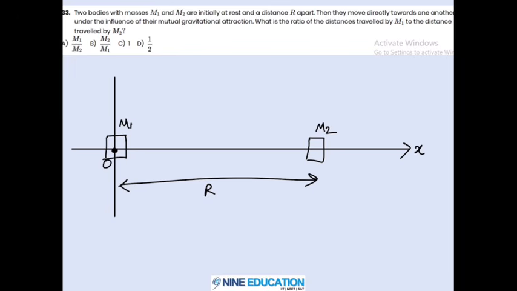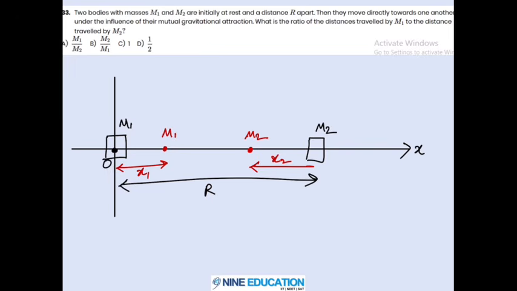So let us say at some instant t, m1 is at this position. This is the new position of m1, and it has covered a distance of x1, and m2 is here. Because of their mutual attraction, they move towards each other, and m2 has covered a distance of x2 from its initial position.